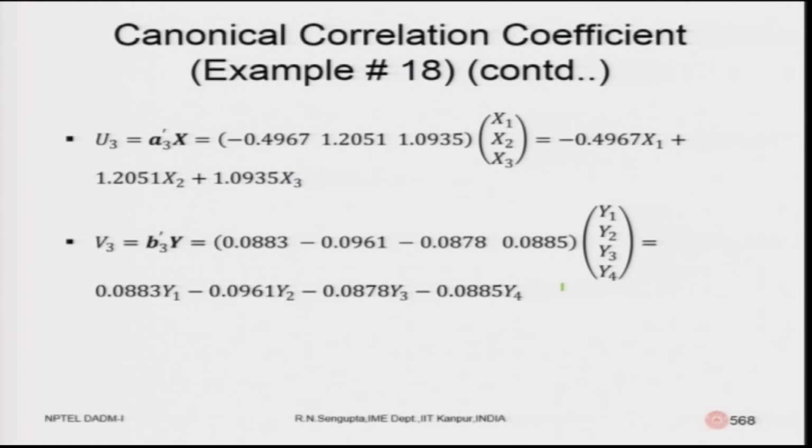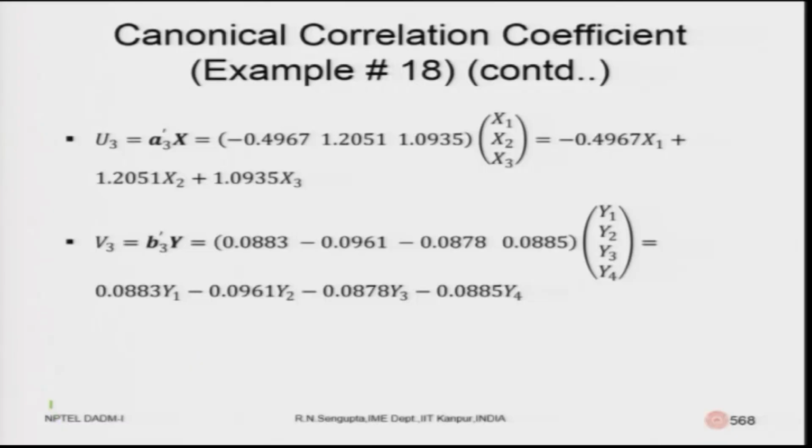Finally, we go into u3 and v3. u3 is again found by multiplying the vector a3 and x, and the values come out as minus 0.4967 x1 plus 1.2051 x2 plus 1.0935 x3.